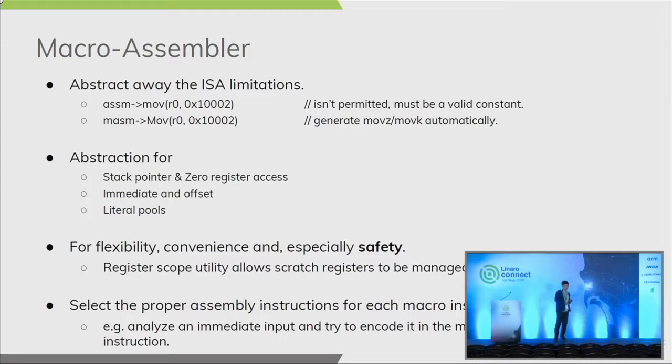In addition to flexibility and convenience, the microassembler is useful even if the constants are expected to be encodable, because it provides safety nets, such as code buffer checking, instruction scope checking, and, more importantly, scratch register management.